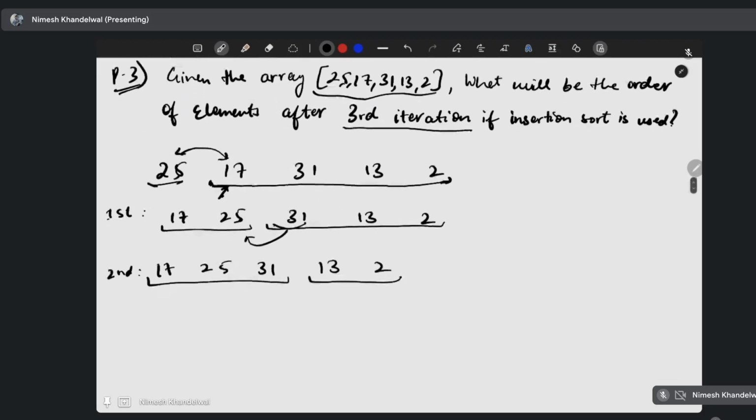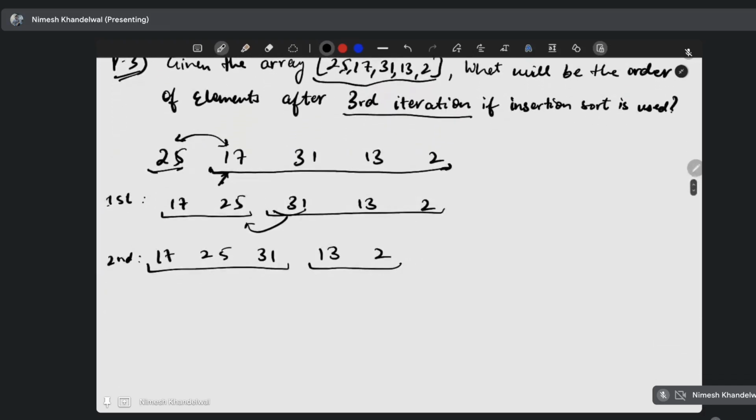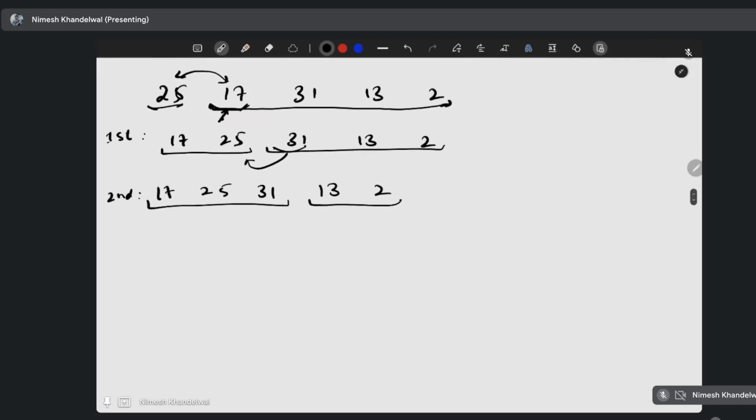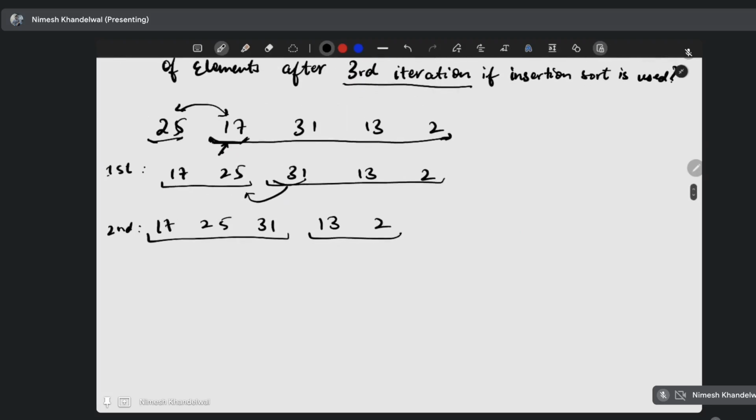So basically in insertion sort, we just take the first value from the unsorted array and put it in its respective place in the sorted array, right? So we are not searching for the next minimum, we are just searching for the place of the first element of the unsorted array in the sorted array, right?